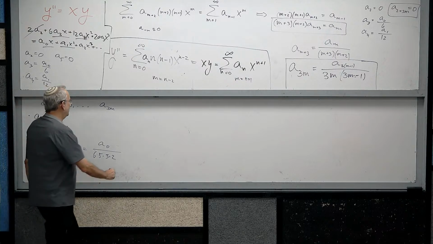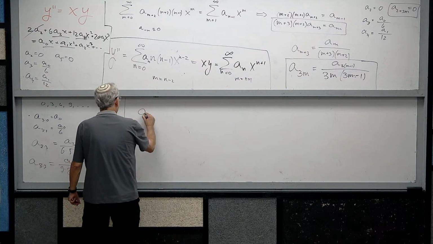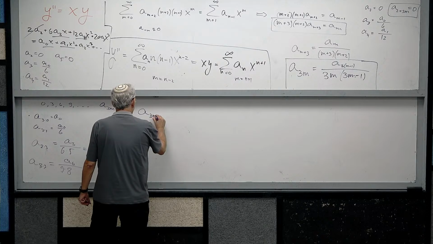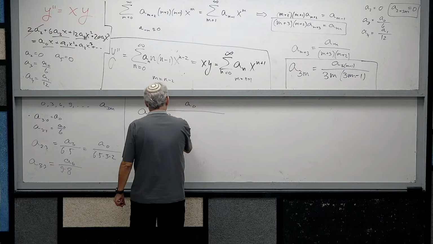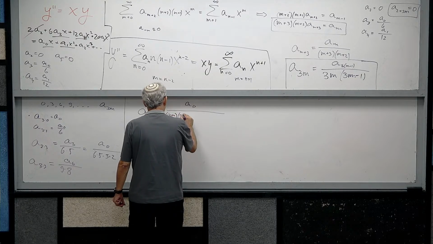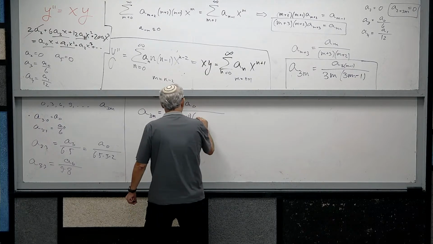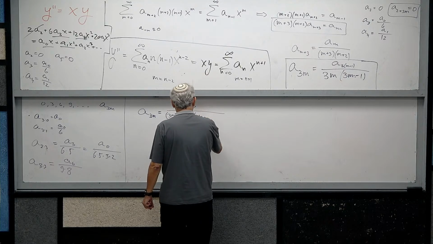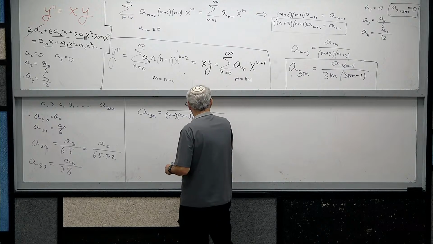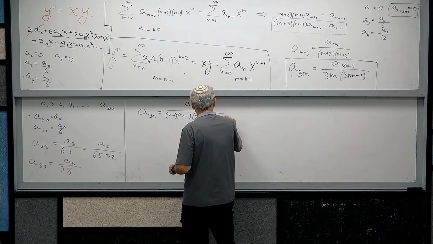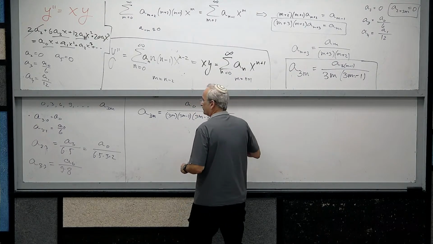So in general, a3m is a0 divided by 3m times 3m minus 1 times 3m minus 2 is missing, right? 3m minus 3 times 3m minus 4 and so on and so forth.